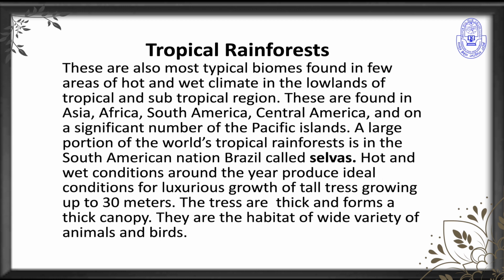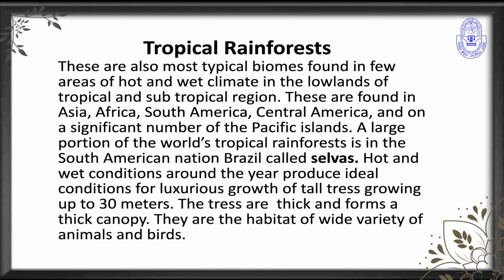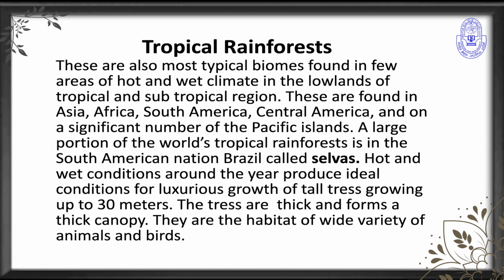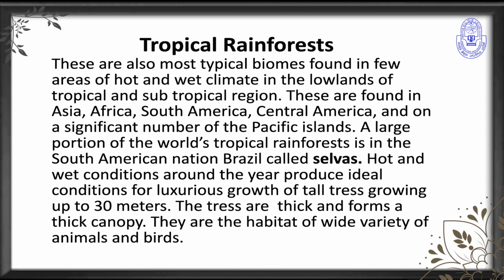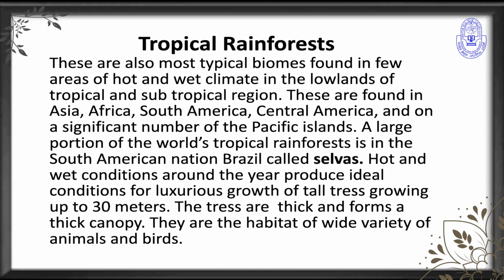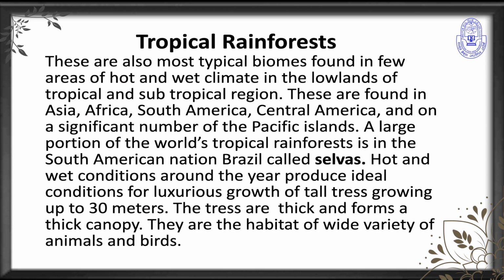The tropical rainforest. These are the most typical biomes found in a few areas of hot and wet climate in the lowlands of tropical and subtropical regions. These are found in Central America islands.